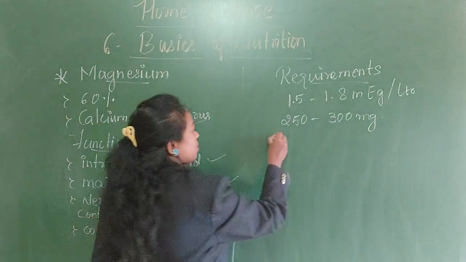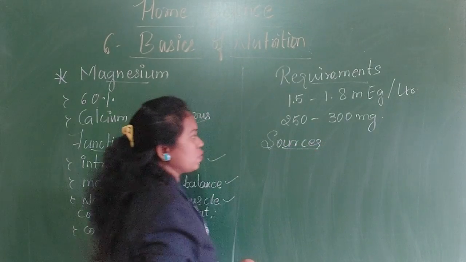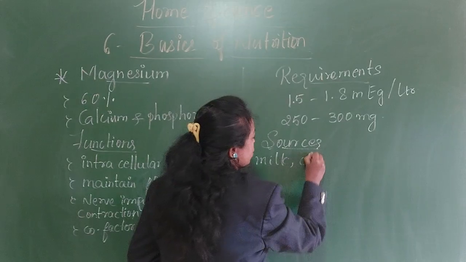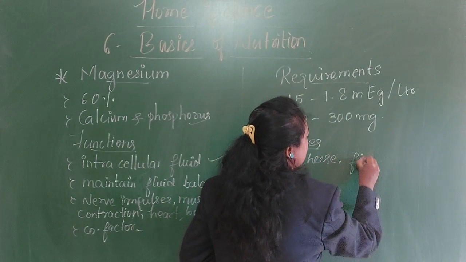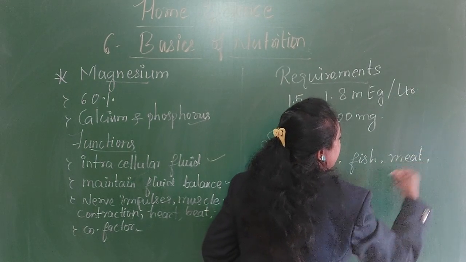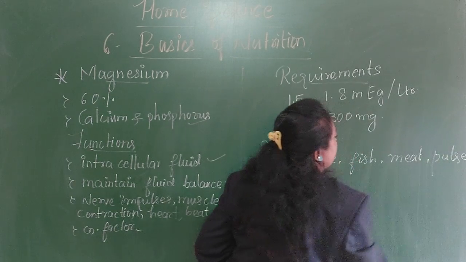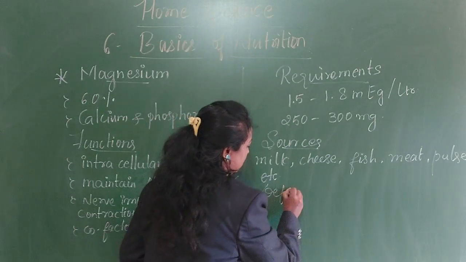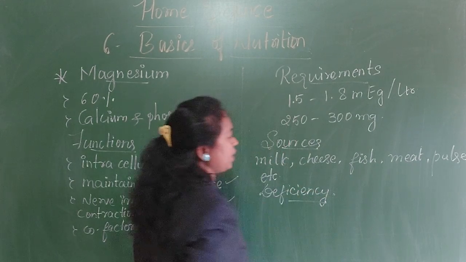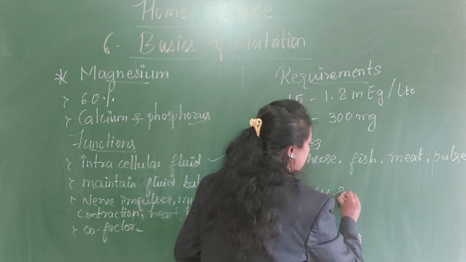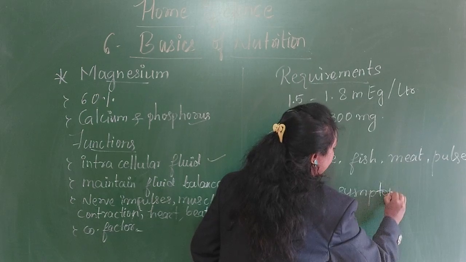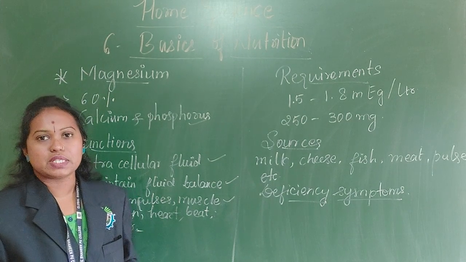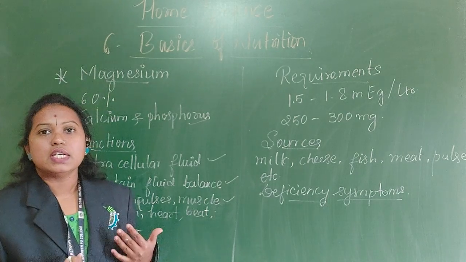When coming to the sources, the sources of magnesium are milk, cheese, fish, meat, pulses, etc. And when coming to the deficiency symptoms, the deficiency of magnesium is uncommon. The symptoms are very much similar to those of tetany.